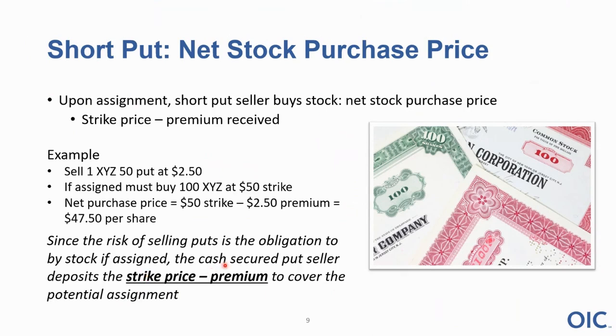That is the cash secured part of the put. When we sell puts, we're obligated to buy stock. We deposit the cash, the potential obligation, in our trading account to cover that potential assignment. So that's where the phrase cash secured put comes from. Our obligation is secured by the cash that we have in our account.